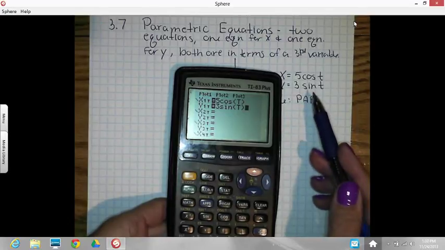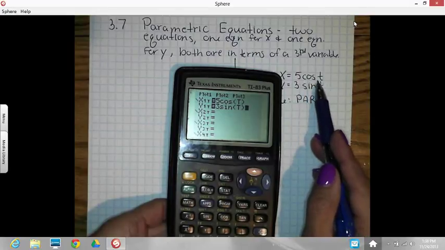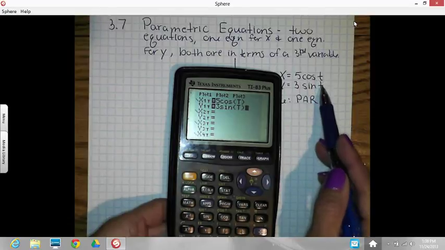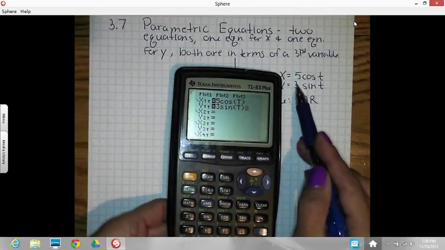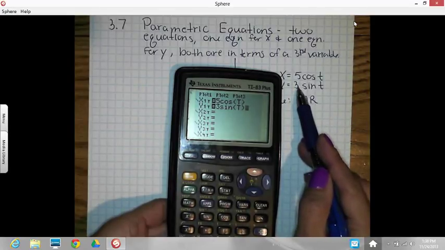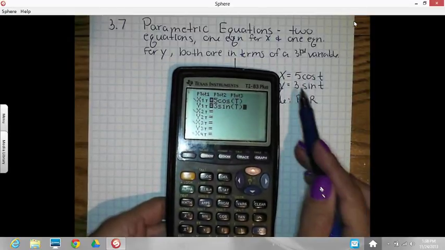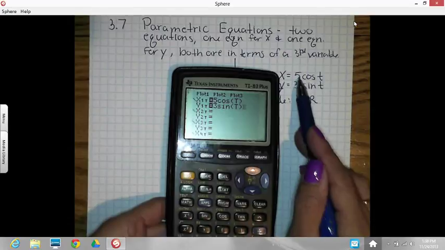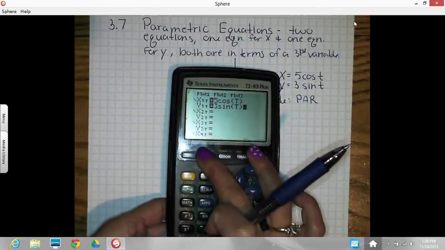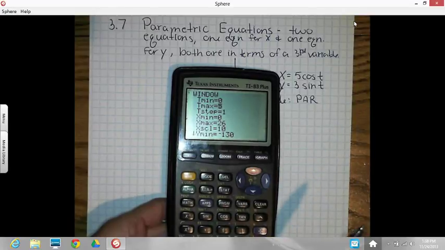Now for my window, you've got to think back to trig. Remember, the period length here is 2 pi. So I want the t to go from 0 to 2 pi. And my amplitudes, it's going to go left and right 5, up and down 3. So x is left and right. To set the window up, I want t to go from 0 to 2 pi.